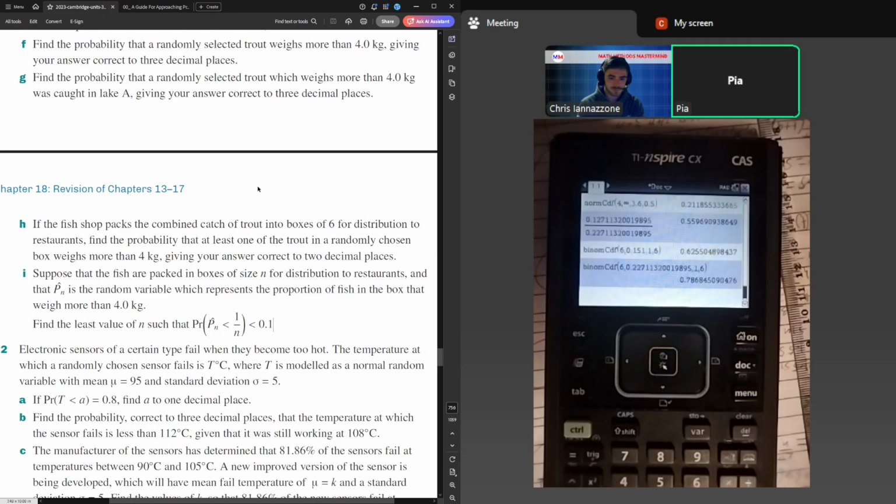Could we put it in algebra solve? Algebra solve? Yeah, probably. At some point, I could imagine a CAS solve will work. Yeah.